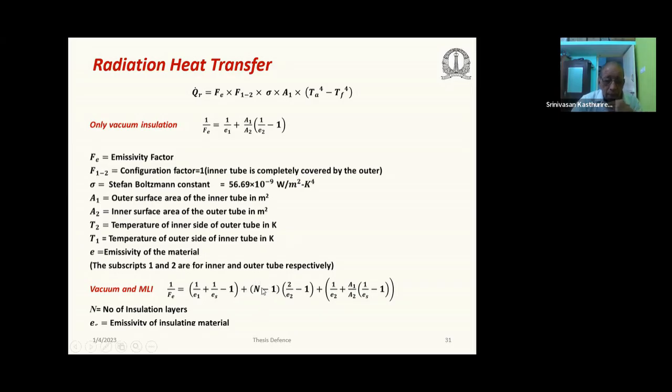And then the effect of the number of layers: if n layers of insulation are there, the effect is (n minus 1) into 2 by ES minus 1, and then plus 1 by E2 plus A1 by A2 into (1 by ES minus 1). ES is the emissivity of the shield material. So you have to use this formula with the presence of multi-layer insulation. It is exactly the same formula that was used earlier also.